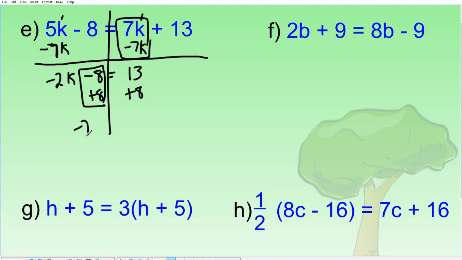These cancel out, so I have negative 2k equals 13 plus 8, which is 21. Divide both sides by negative 2 to cancel out my times by negative 2. These cancel and give me 1k equals, and that math is negative 10.5.